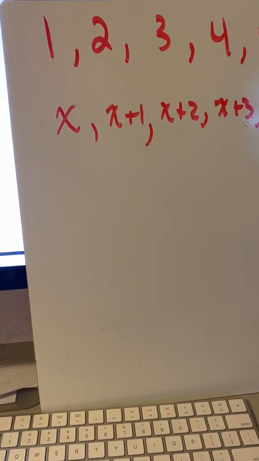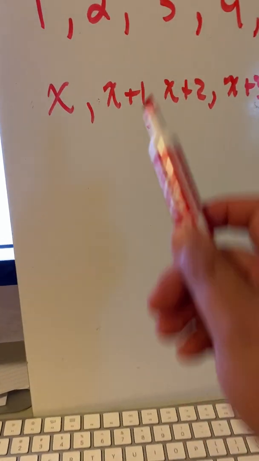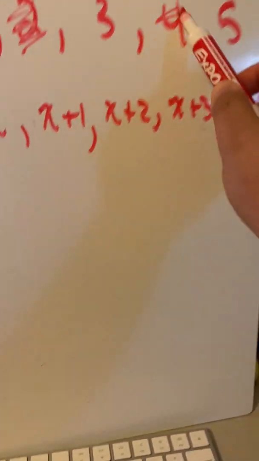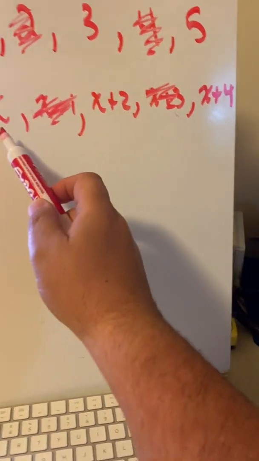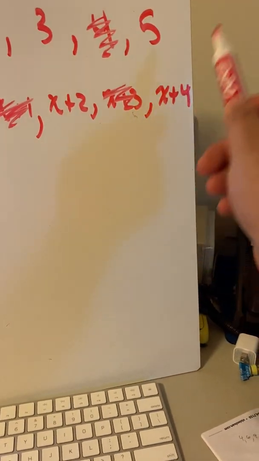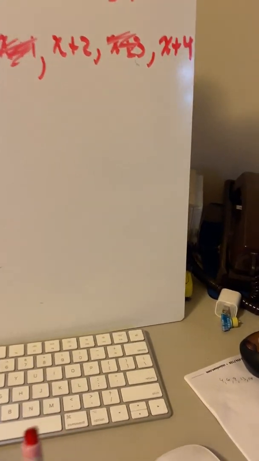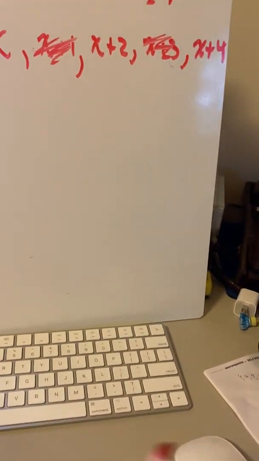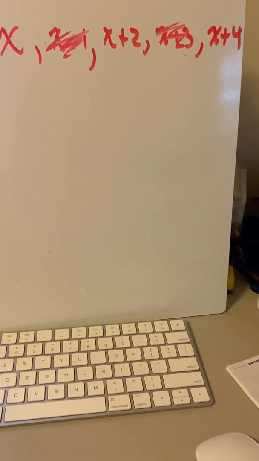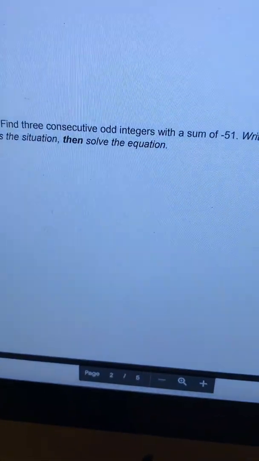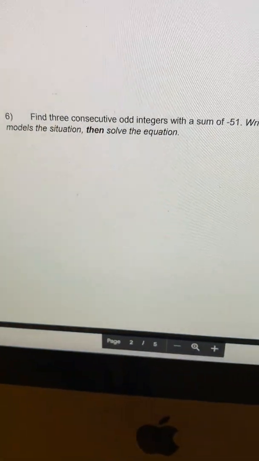Now, if I just do the consecutive odds, 1, 3, 5, I don't do plus 1 and plus 3. I'm going up by 2, going up by 4, going up by 6. So anytime you're doing consecutive even or consecutive odds, it's whatever number you start with, and then it's going up by 2 each time. So if that's the case, find 3 consecutive odd integers.